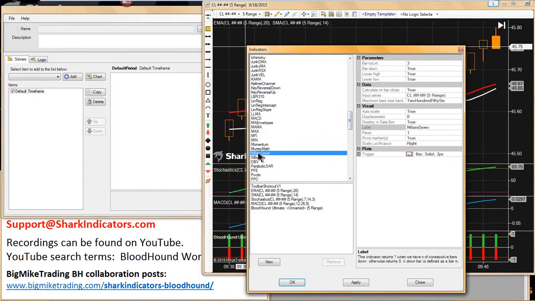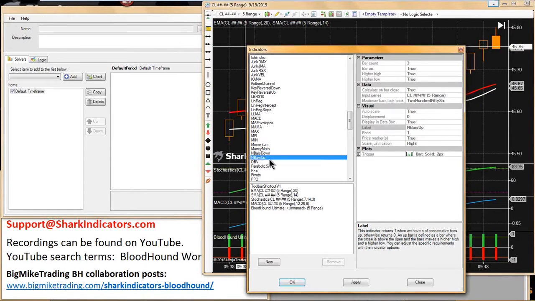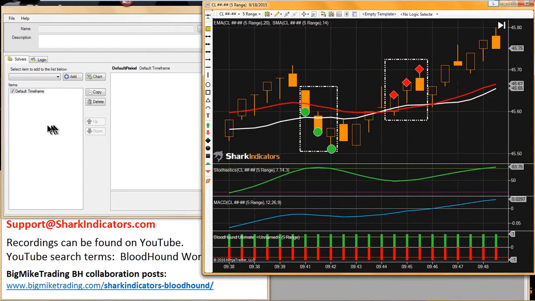Oh, there we go, N bars down and N bars up. Let's see if this is the one. Oh, no, actually, N bars down and N bars up is the same as the bar direction solver. So no, we won't use that indicator. We'll just do it in BloodHound here.